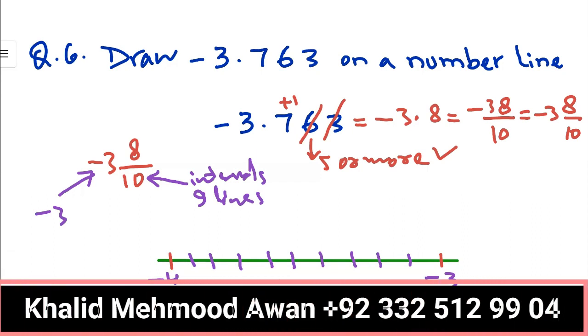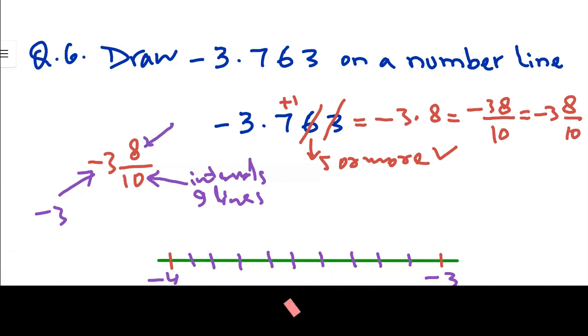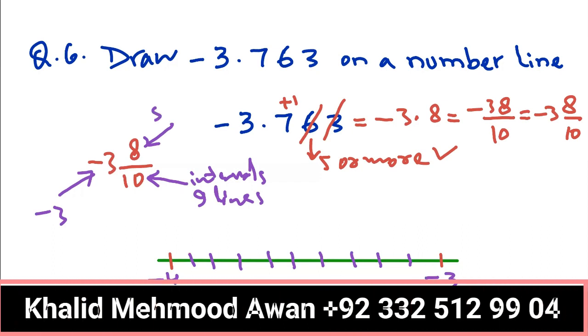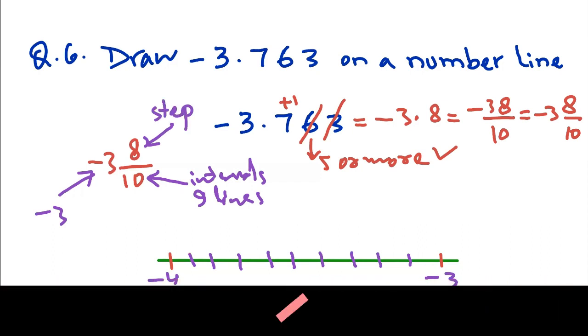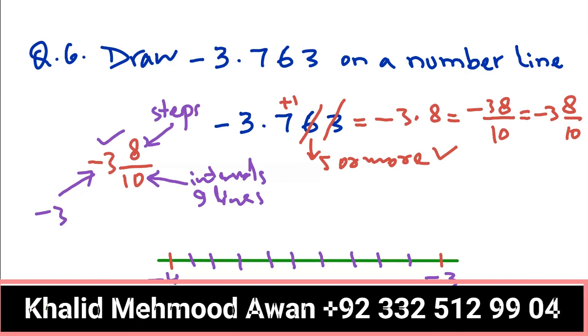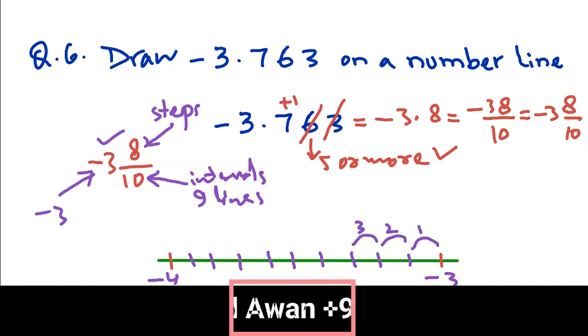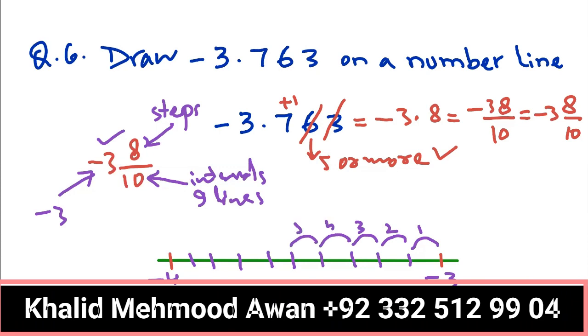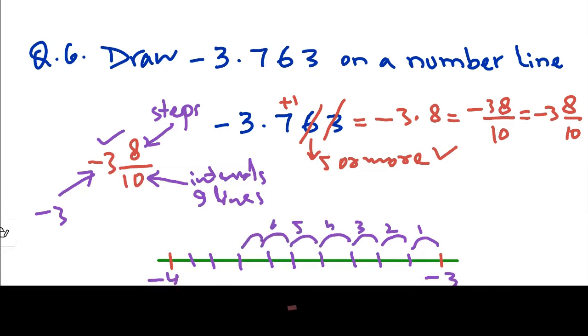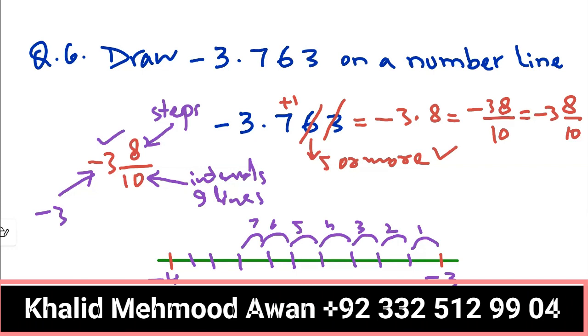And then from negative 3 there are 8 steps. So from negative 3, we move 8 steps: 1 step, 2 steps, 3, 4, 5, 6, 7, and 8 steps.